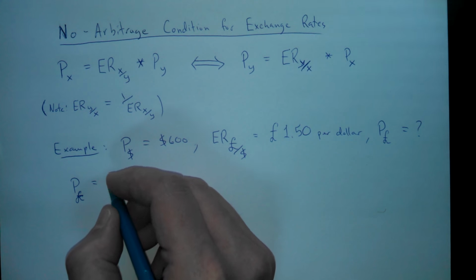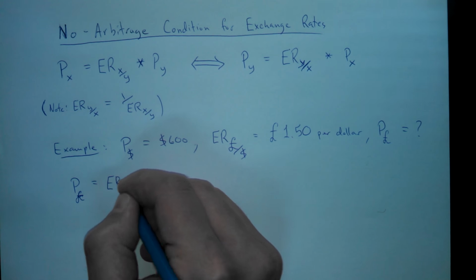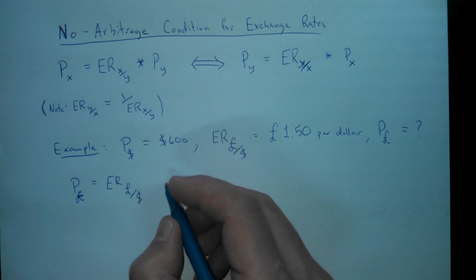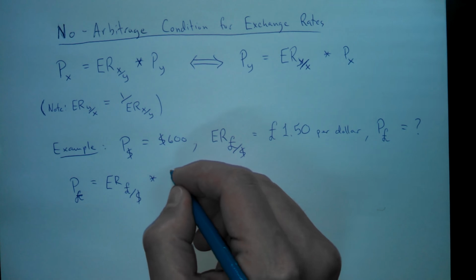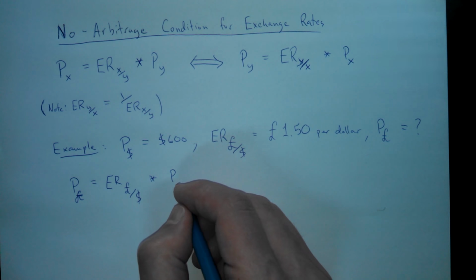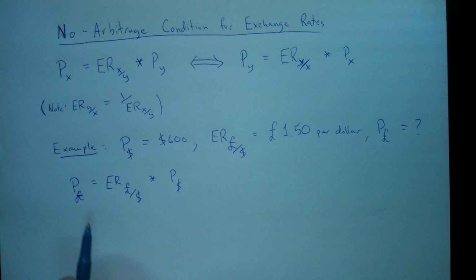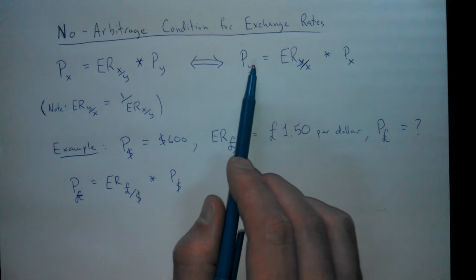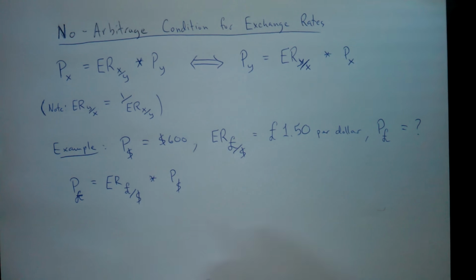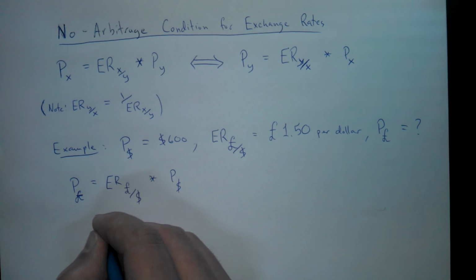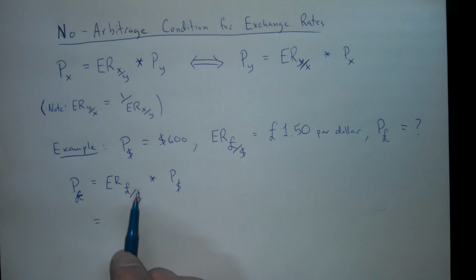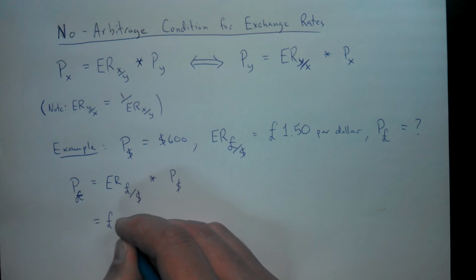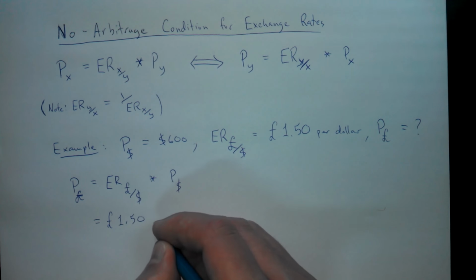So the exchange rate in pounds divided by dollars, multiplied by the price in the United States in dollars. You see that the pattern of this formula matches up with this, and also this if you changed Great Britain or pounds to Y. Plugging in the values, the exchange rate is 1.5 pounds per dollar.